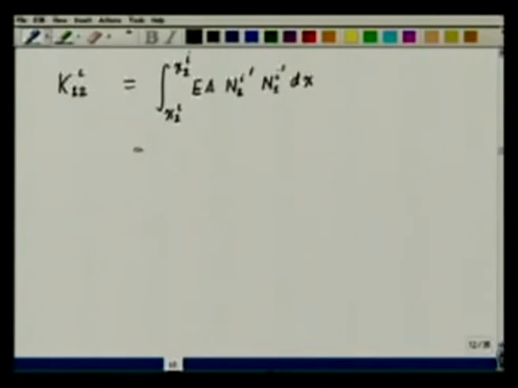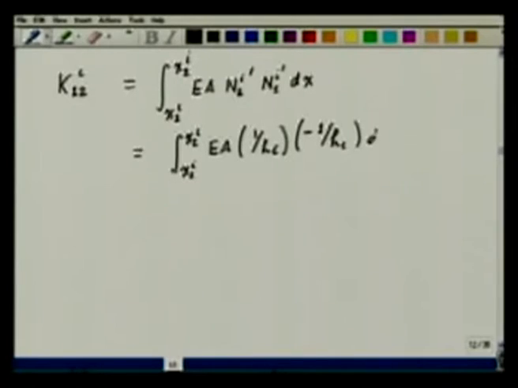This is equal to the integral over x1i to x2i of EA into 1 by HI into minus 1 by HI dx.